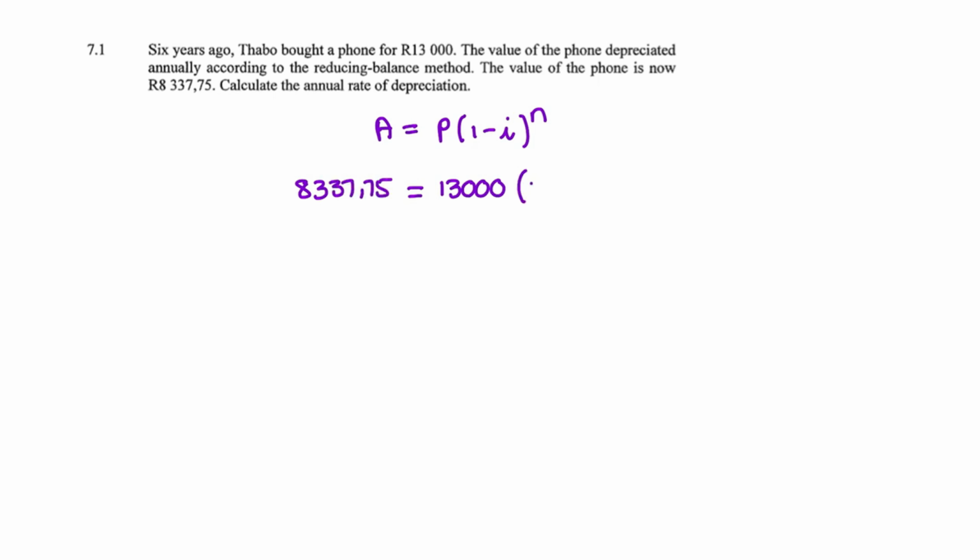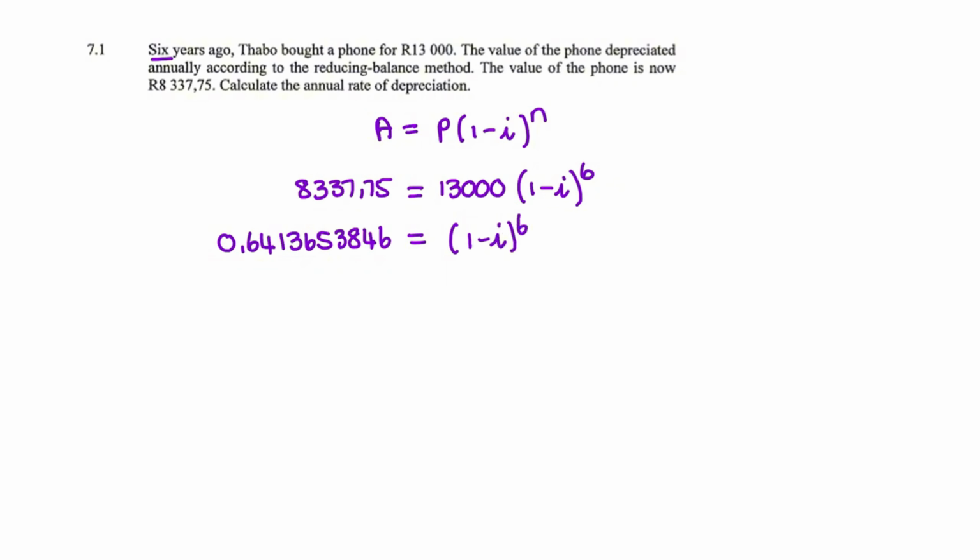We don't know the value of i, but we know this happened 6 years ago. So n is equal to 6. So the first thing that I would do is divide this amount of 8,000 Rand by 13,000 Rand. And that gives me a decimal value, which is equal to (1 minus i) to the power of 6.